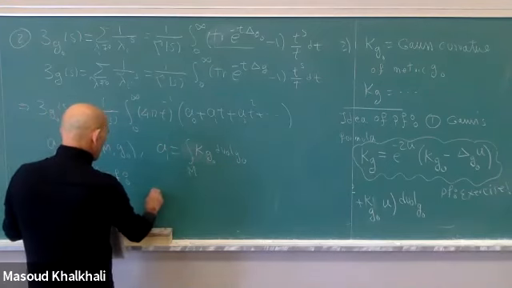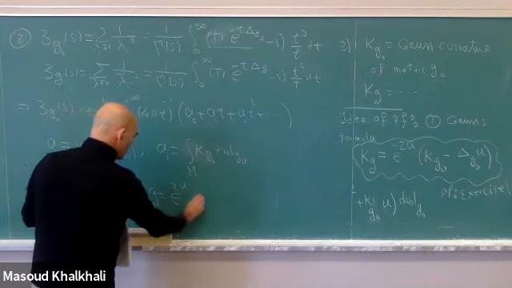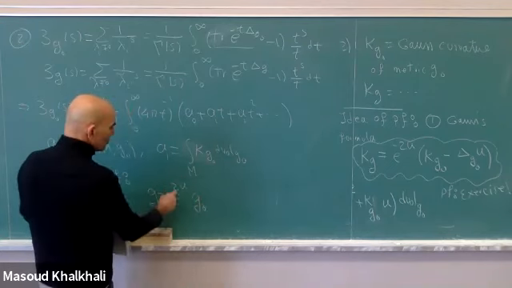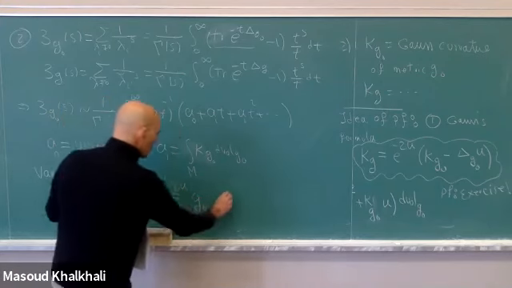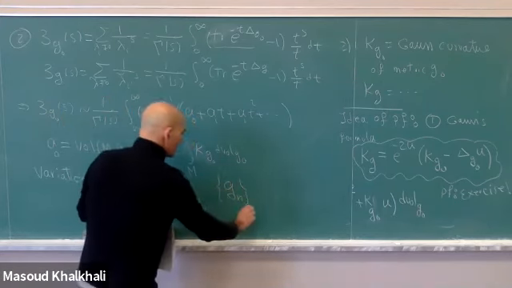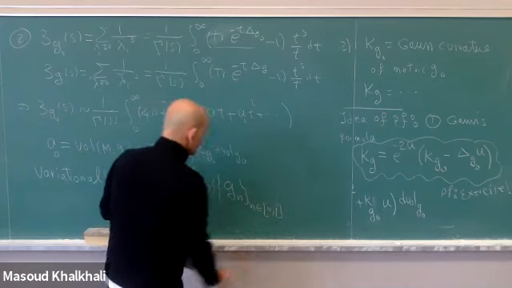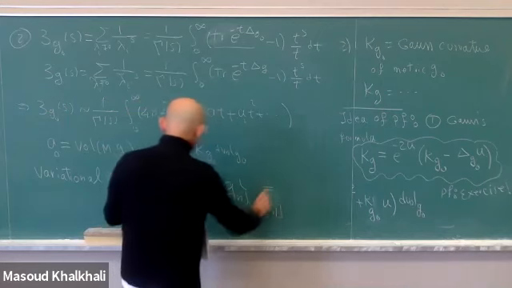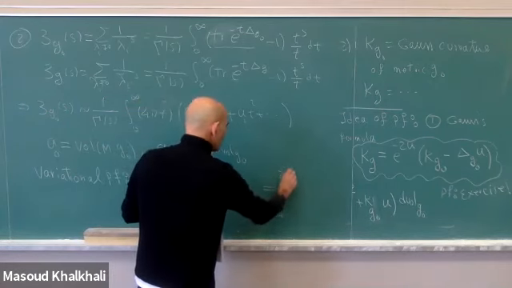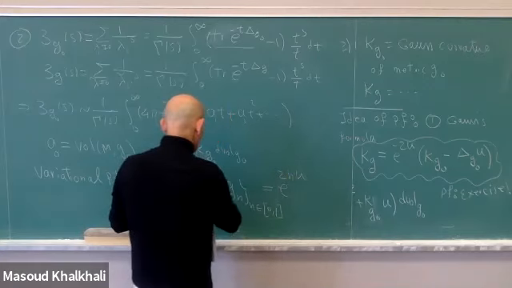We have this metric g, which was equal to e to the 2u g0. You introduce a parameter h here, so you get a family of metrics g_h, with h belonging to the interval [0,1], which is e to the 2hu g0.